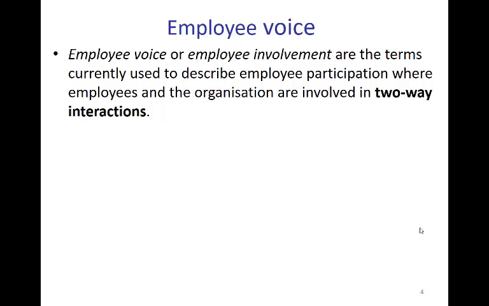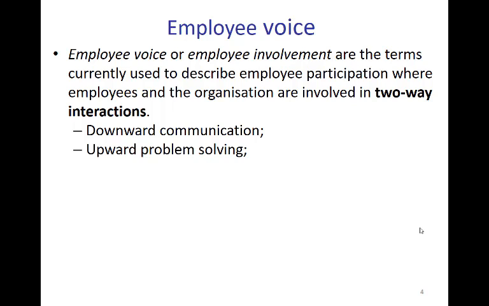Some of the ways that organisations typically include employee voice is through what we call downward communication, so information comes down, and then obviously information can go back up in an organisation, which is important.